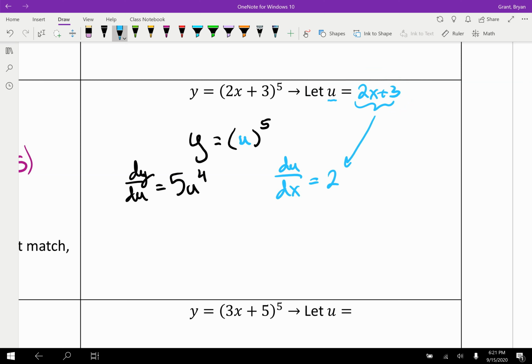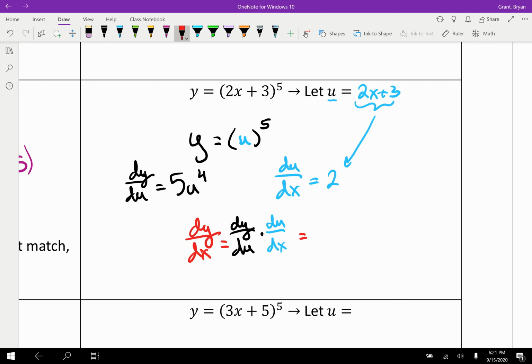But what's the overall answer we're looking for? Well, this equation has y and x. So the overall answer that we're looking for is dy/dx. And dy/dx is found by doing dy/du times du/dx. The derivative of the main function times the derivative of the u substitution.